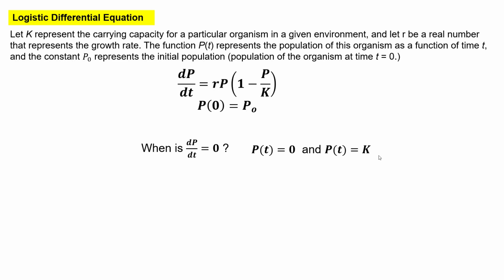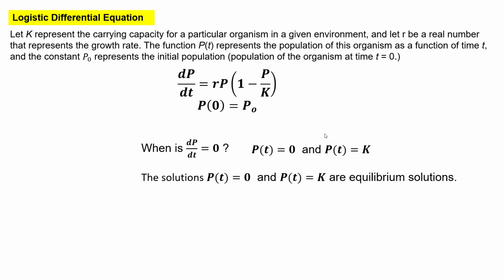Or when P of t is equal to K, because then you have K divided by K, which is 1, and 1 minus 1 is 0. So your two equilibrium solutions are extinction or when you have reached the carrying capacity, because the carrying capacity is the number of members of a species an environment can sustain indefinitely. The solutions P of t equals 0 and P of t equals K are called equilibrium solutions.